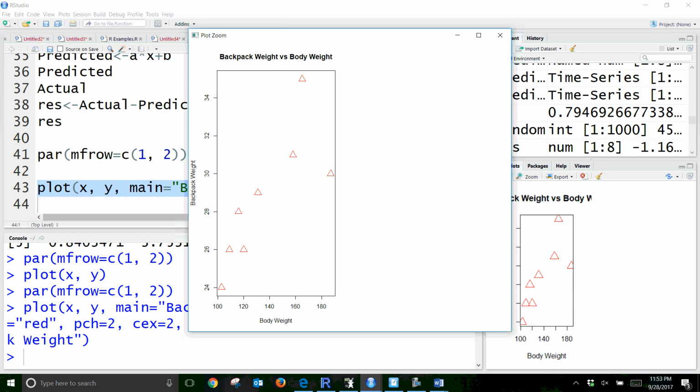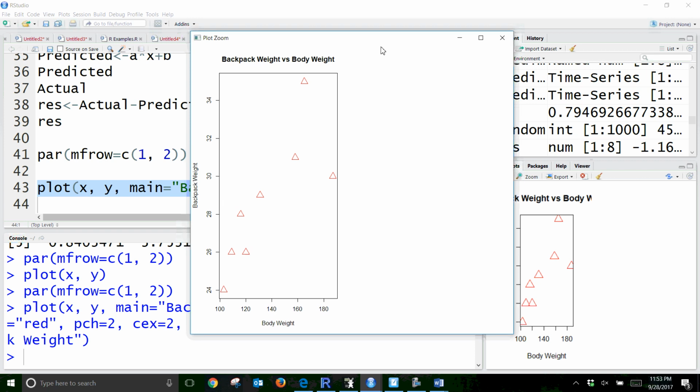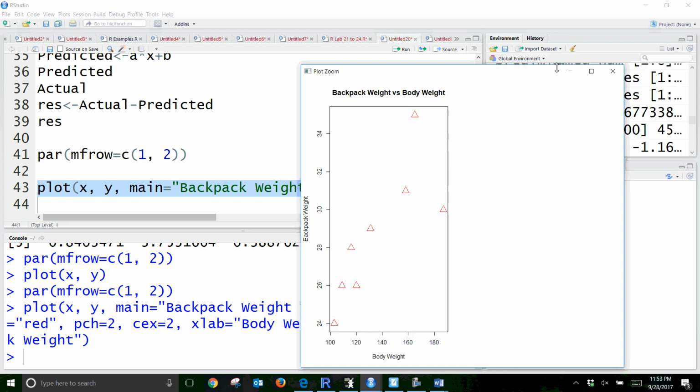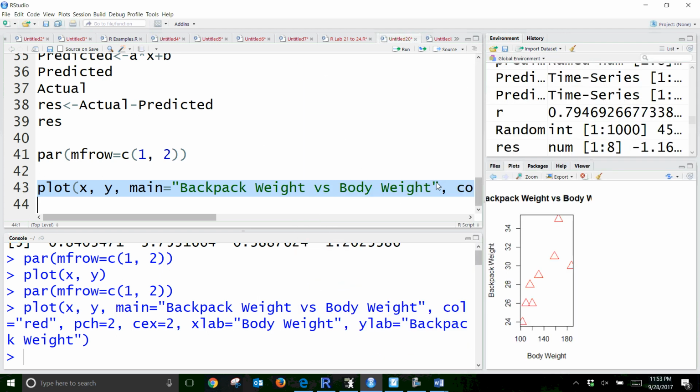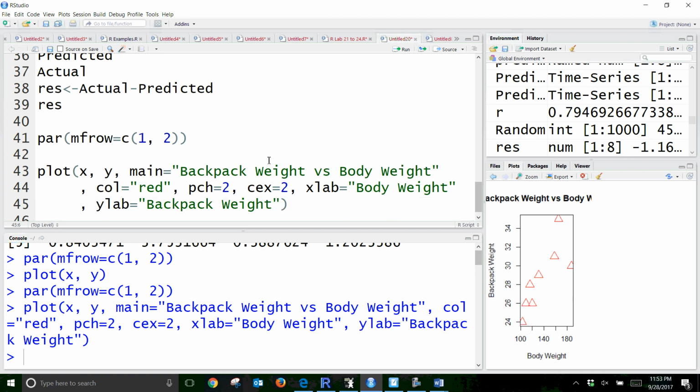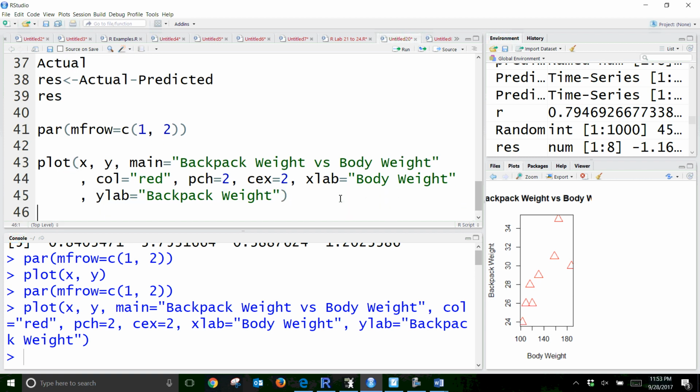The next thing it wants us to do is add the predicted point. All right, so here, let me close this. We can use the points command. Let me get this so you can see it all on one page. Okay. So the points command is going to automatically add to the graph. You don't have to put add equals true.